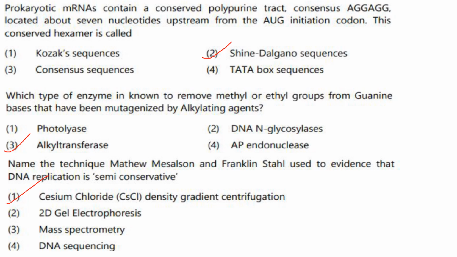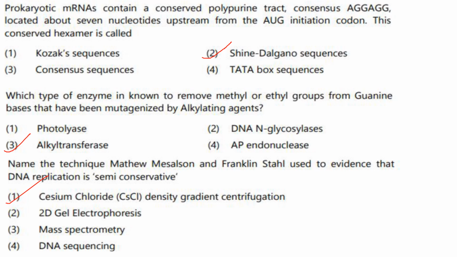So examples include nitrosamines, nitrosoureas, etc. And the enzyme that removes this methyl or ethyl group from guanine bases that have been mutagenized by alkylating agents is called O6-alkylguanine DNA alkyltransferase.